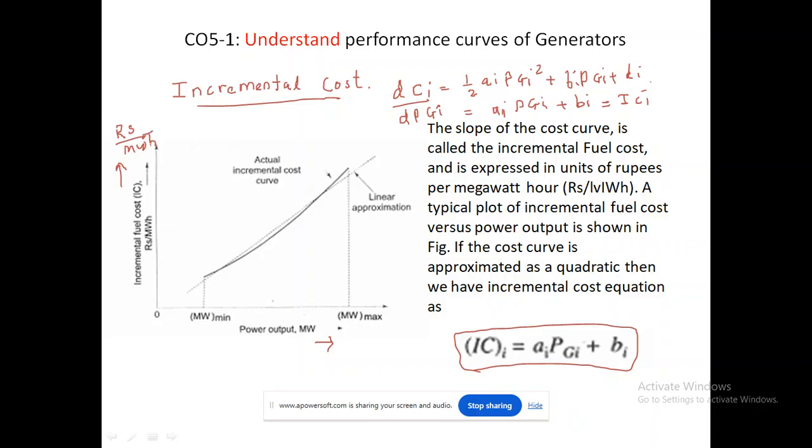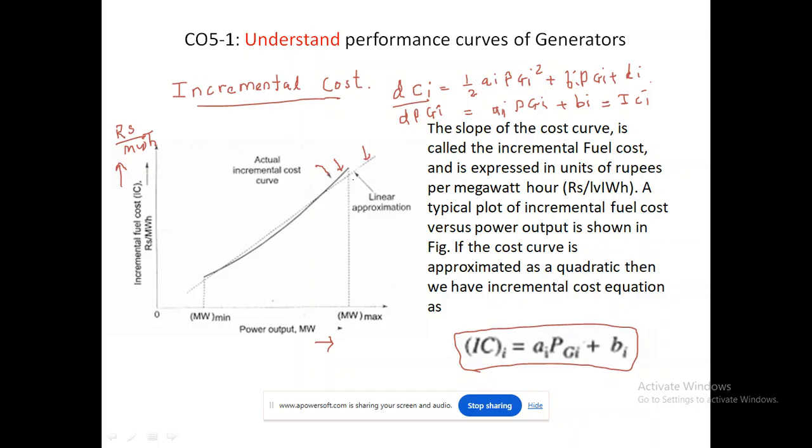The cost is rupees per hour, and if you differentiate with respect to power, then we get rupees per megawatt hour. This dotted line is the incremental cost curve, but we can approximate it by this equation.